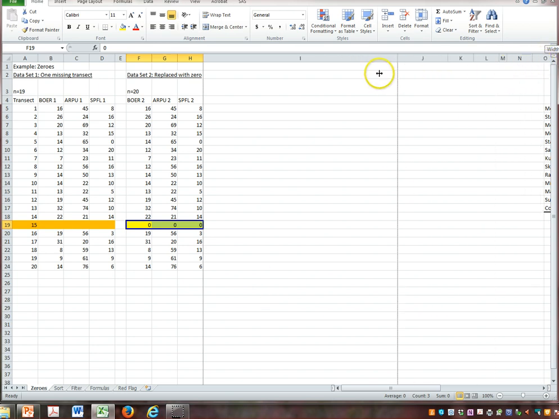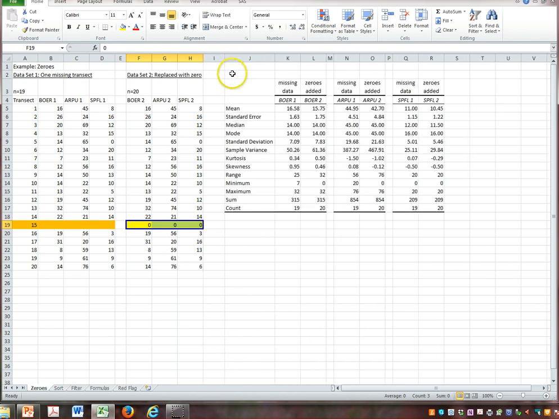So I'm going to bring the analysis over here. Essentially, I've taken these two data sets and analyzed them. We've got the three different species, boar, arpu, and spiffle, and we've got two data sets. So we can see here, this analysis has the missing data, so the count is only 19, and this analysis has 20 observations, which was the original intent.